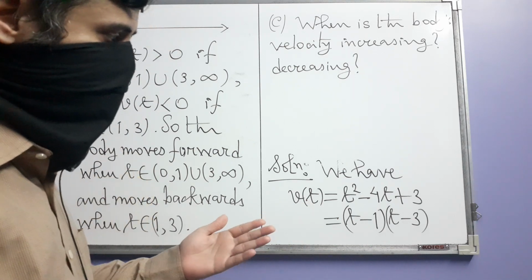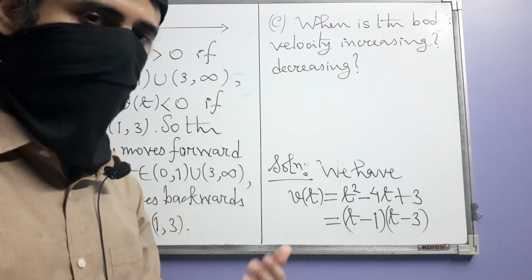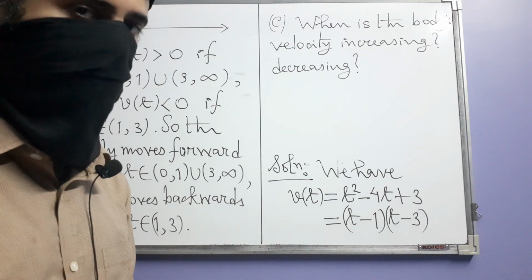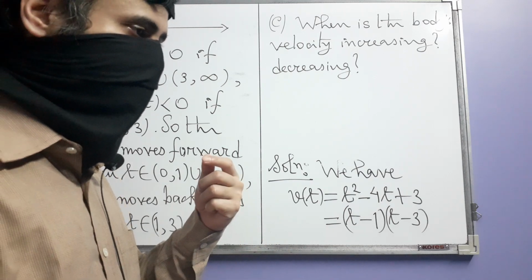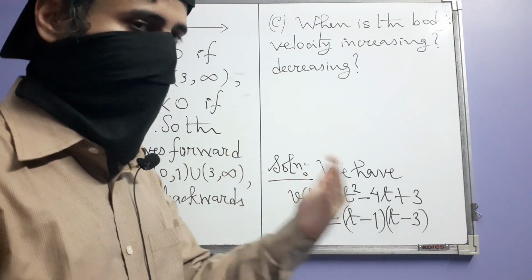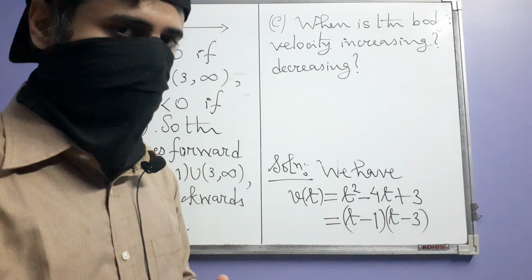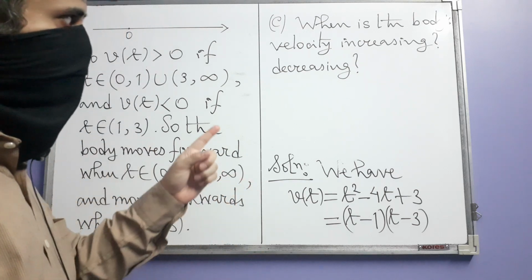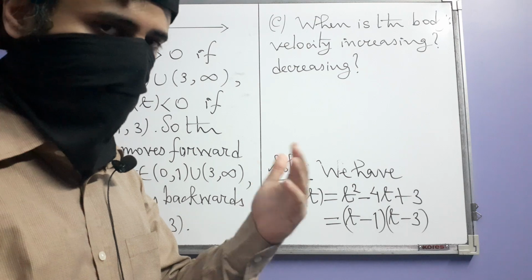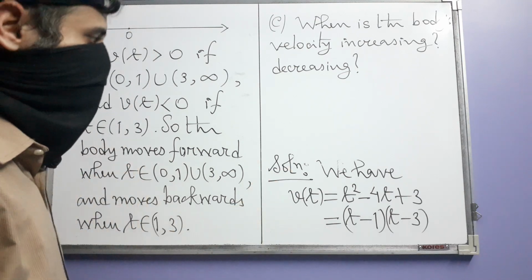Direction of velocity means the direction in which it increases. Just like the sign of velocity determines the direction of displacement, whether the displacement is positive, in which case the body is going away from you, or it's negative, in which case the body is coming towards you. Similarly, the sign of acceleration determines the body's velocity's direction of increase or decrease.